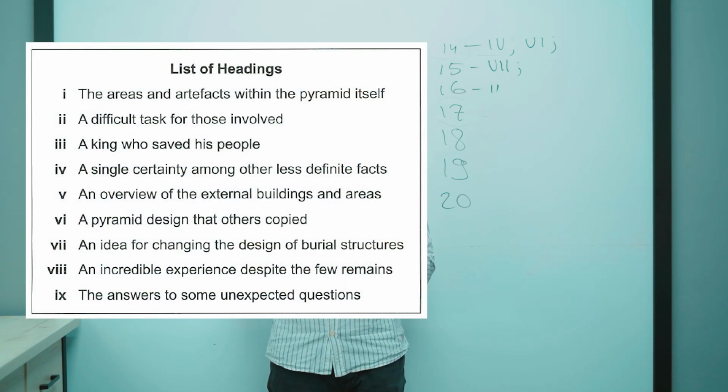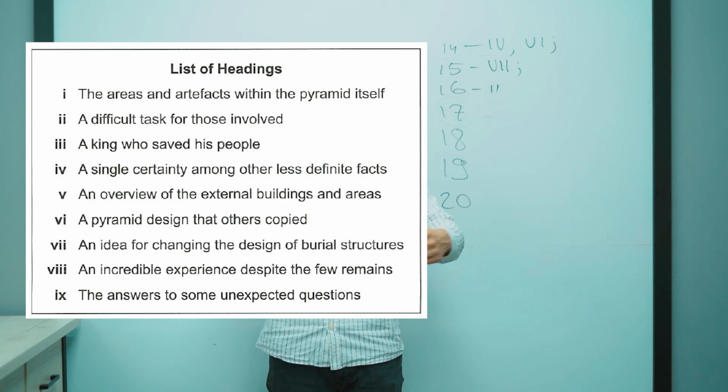So first, the areas and artifacts within the pyramid itself. Did you read about within the pyramid? No, we read about surroundings more. A difficult task, no. A king who saved, nothing about saving. A single certainty, no. An overview of the external buildings and areas. What does external mean?